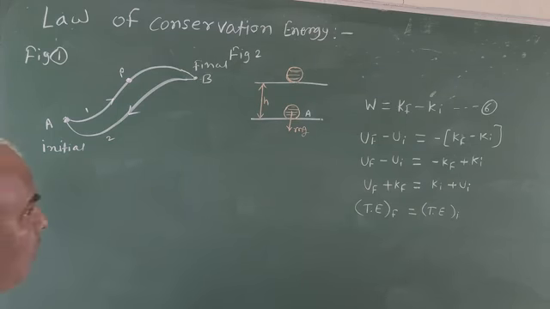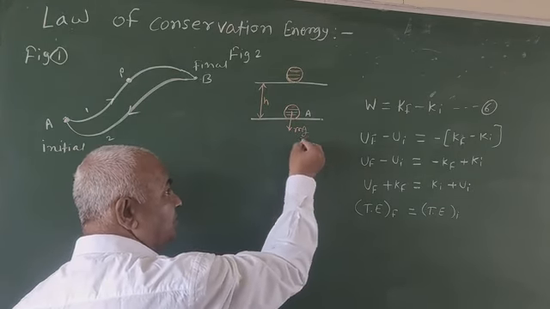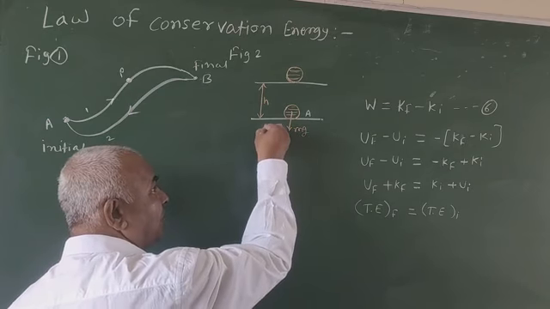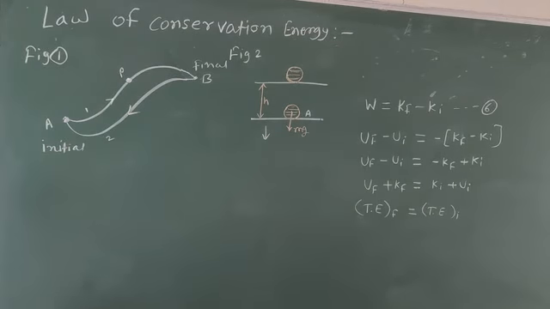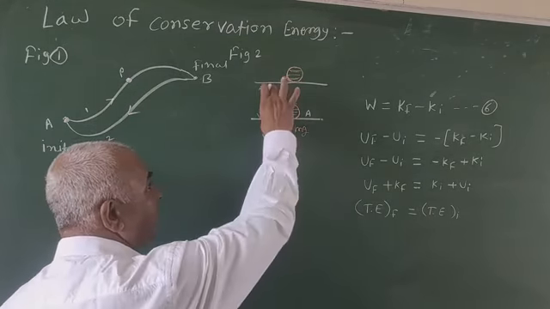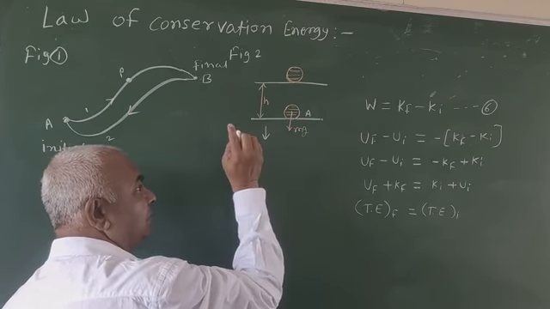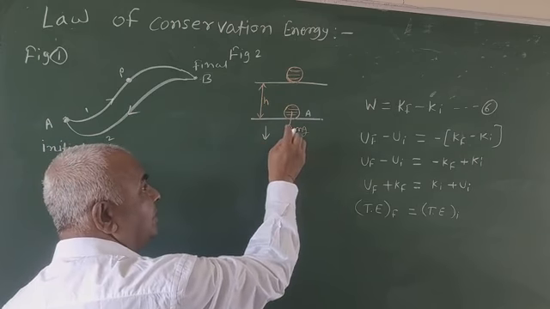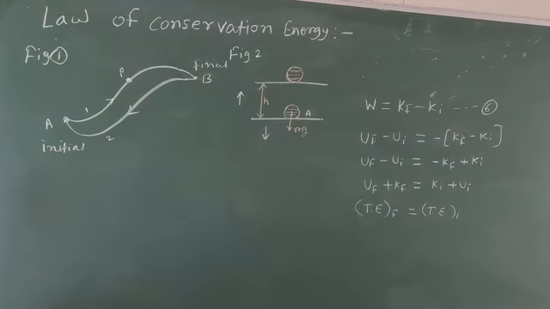We know that the weight of that body is m into g, mass into gravitational acceleration, always in the downward direction because of gravity. And when we want to put that body at height h, we must apply a force equal to mg in the upward direction, so that the body is lifted upward to height h.